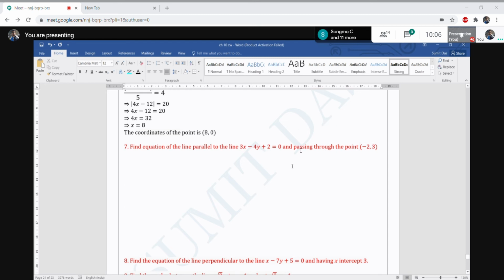We have to find the slope of the line. If I find the slope of this line, these two lines are parallel, that means the slope will be the same as the slope of this line. And since it passes through this point, we can use the point slope form to find the equation of the line.